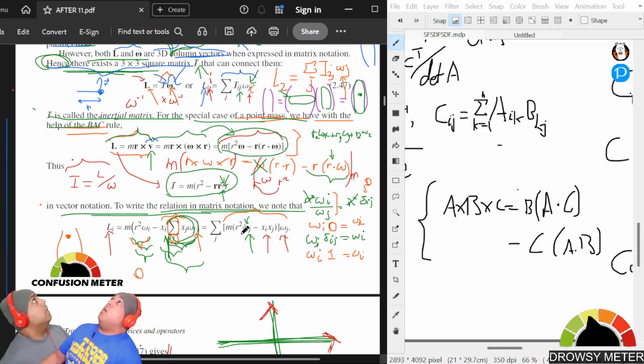I don't think anything changes here, but over here, m r squared omega_ij equals m r squared omega_i. Okay, I see it.